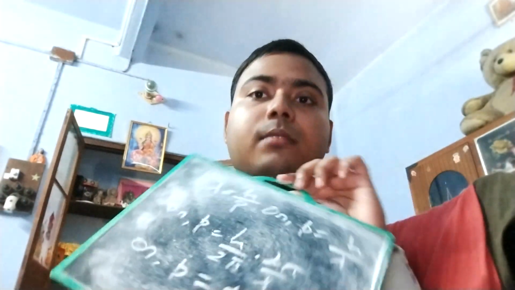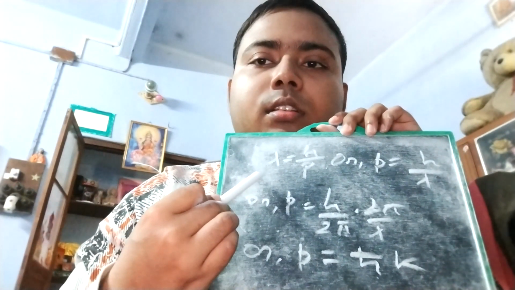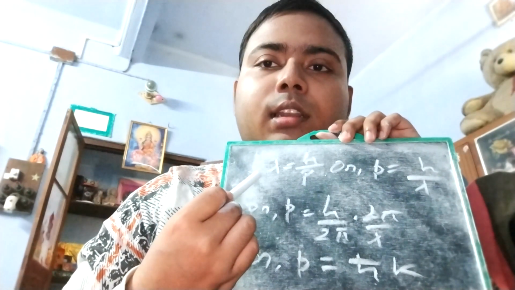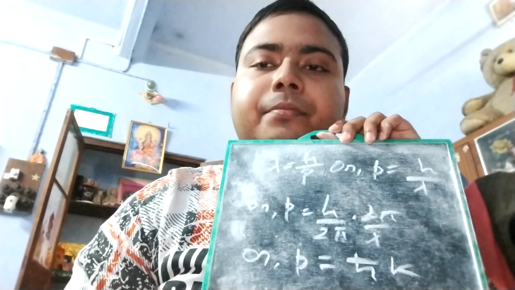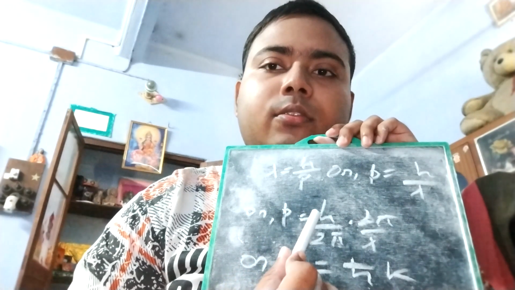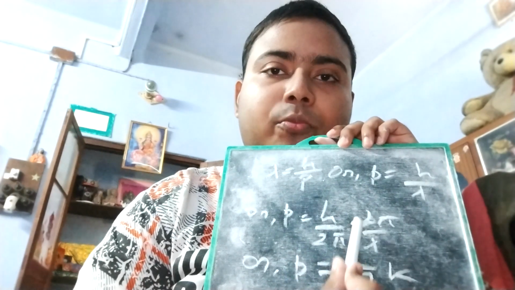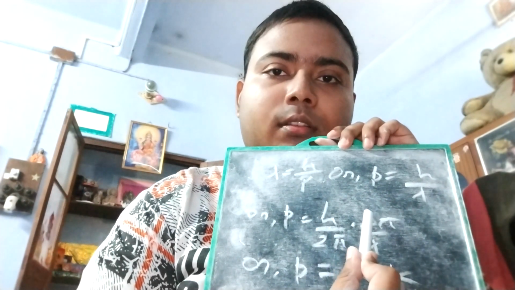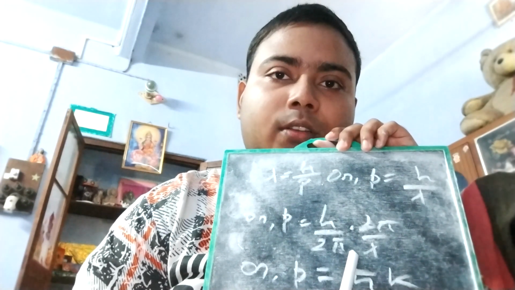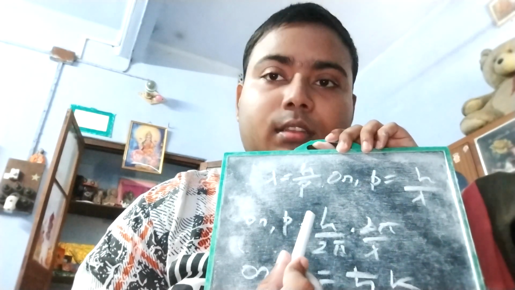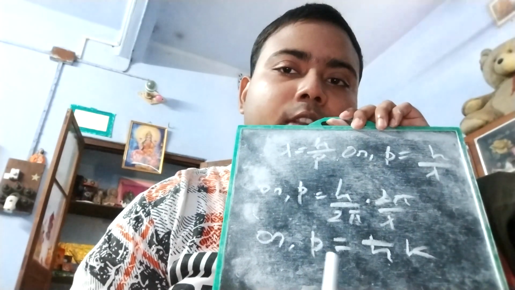The duality equation, lambda equal to h by p, turns out to be p equal to h by lambda. And on further calculation, we can see the h by 2 pi and here multiplied by 2 pi by lambda, that is the wave vector that represents the directional unit vector of the wave that's traveling, and this is h cut, the reduced h. So it turns out to be p equal to h cut k.